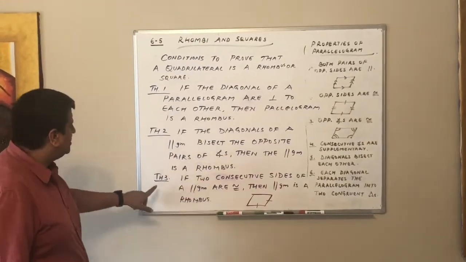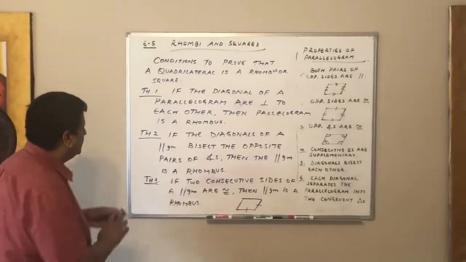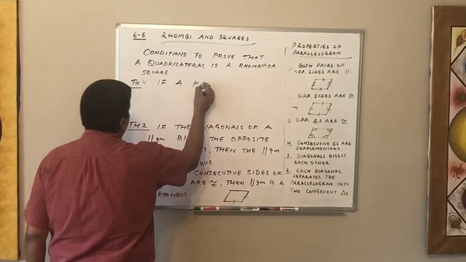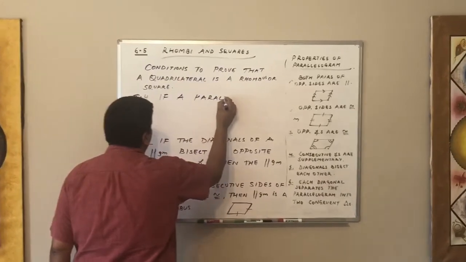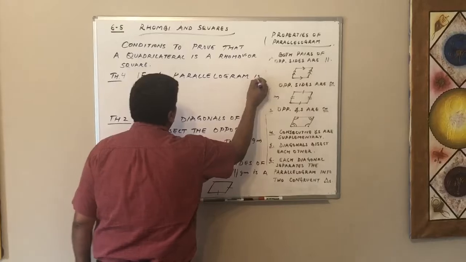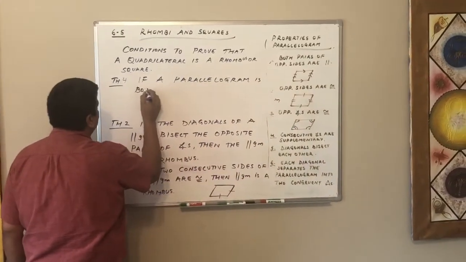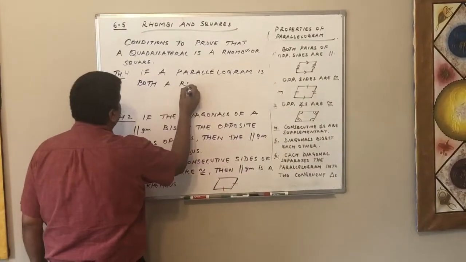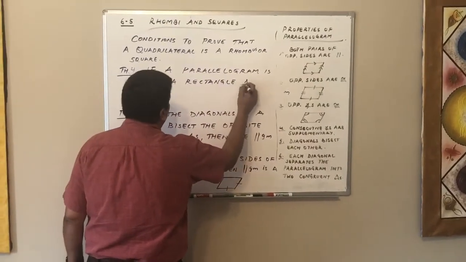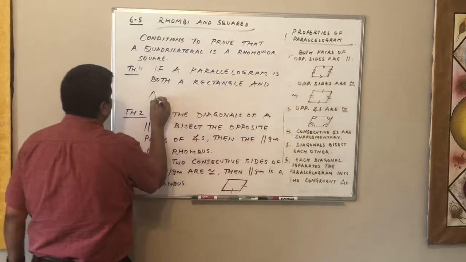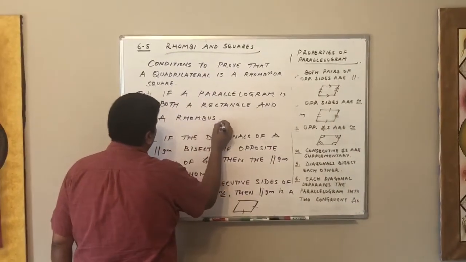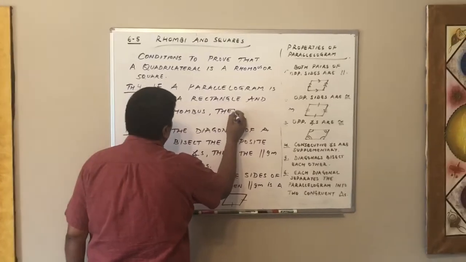So there is another theorem that states that if a parallelogram is a rectangle and a rhombus, then it's a square.